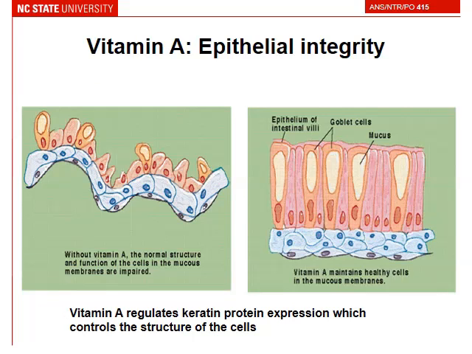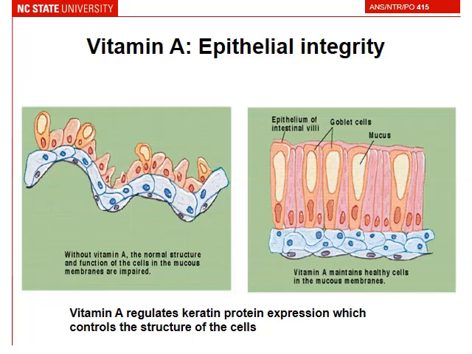As I mentioned before, it's utilizing our retinoic acid and the nuclear hormone receptors, RXR and RAR, in which we're controlling the epithelial integrity. So without vitamin A, our normal mucous membranes and cells are impaired.